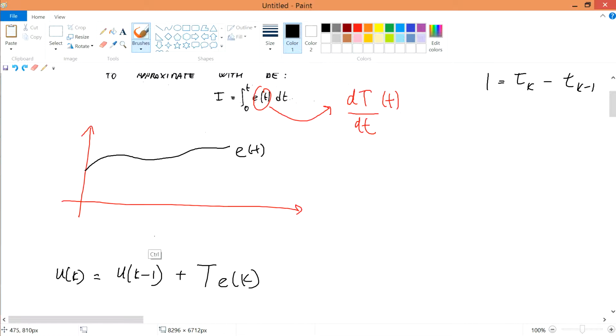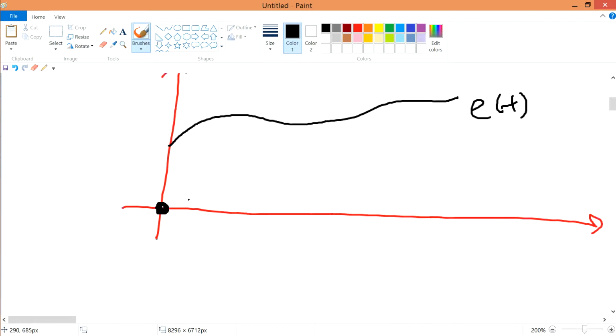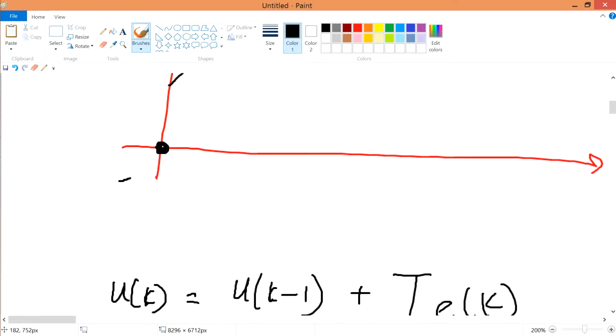So how do I start? I'll start with the first point first. In this case, I will call this our tk minus 1, and I will call this particular point tk. If you apply this formula, your uk minus 1 is actually 0, because we're starting at the origin.